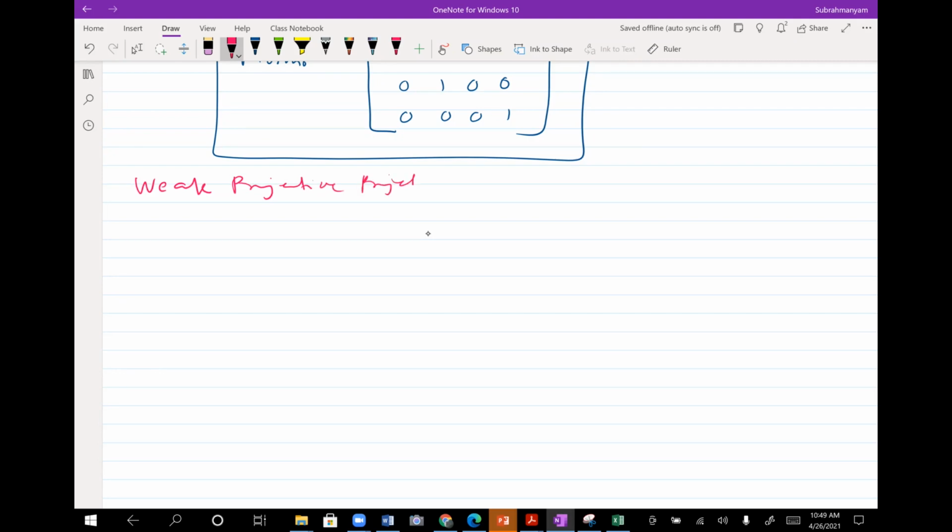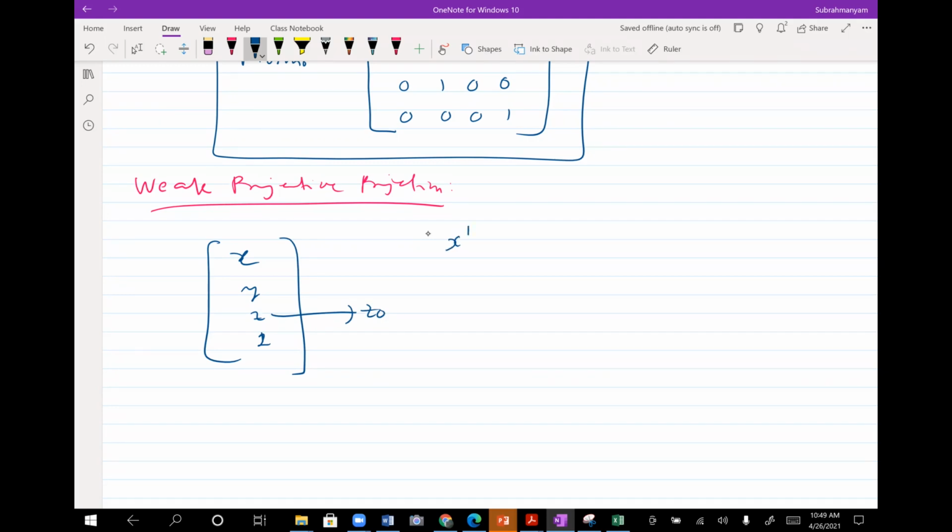Weak perspective projection. What does it mean is that, suppose you have here x, y, z, 1, and that's what you are writing. This z is a constant value, z naught. So again, recollect the expressions we got in a perspective projection for x dash and y dash. X dash was nothing but x f by z. You just refer back to the expressions that we got in the previous class: f by z into x and f by z into y.